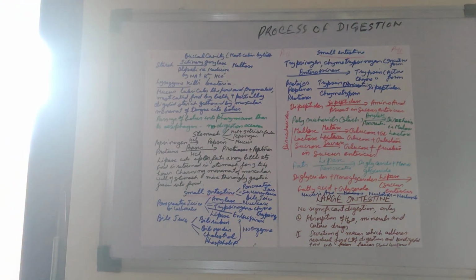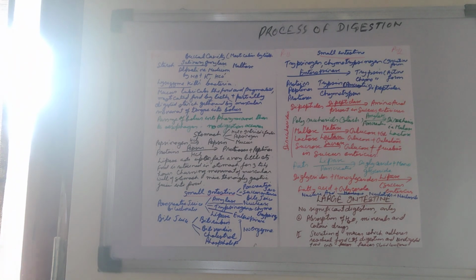In the stomach, the food is mixed with the gastric juice containing HCl, pepsinogen and mucus. By the churning movement of the muscular wall of the stomach, the gastric juice is totally mixed with the food, and that food is called the chyme.